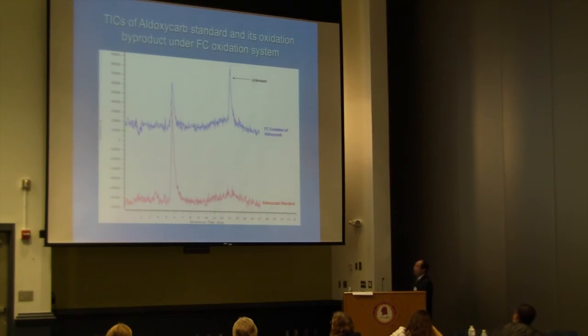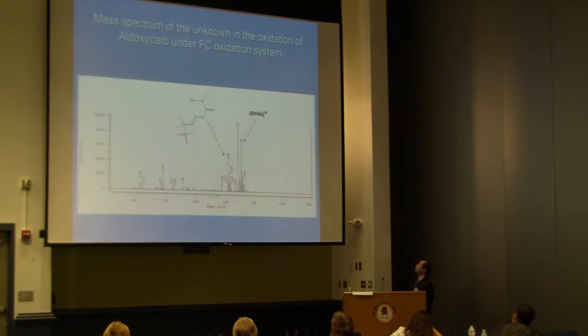And then also another new peak here. So this is also an unknown compound. And then we found that this is a mass spectrum of that compound. And we proposed that the compound will have the formula like this, based on the information here.